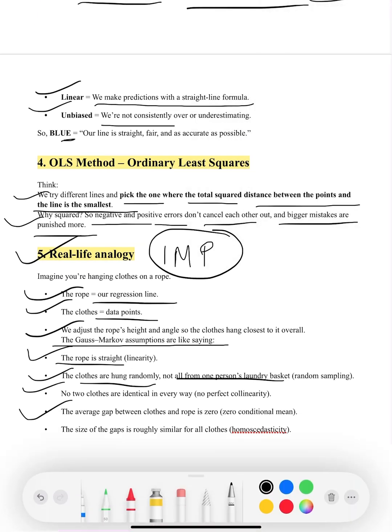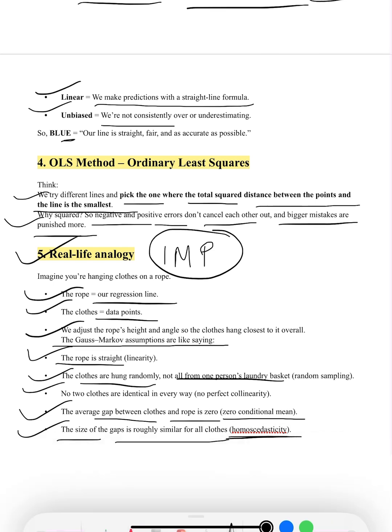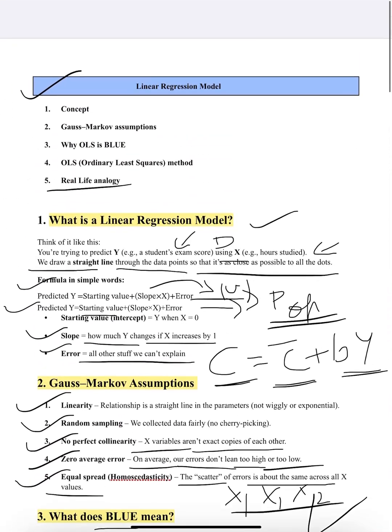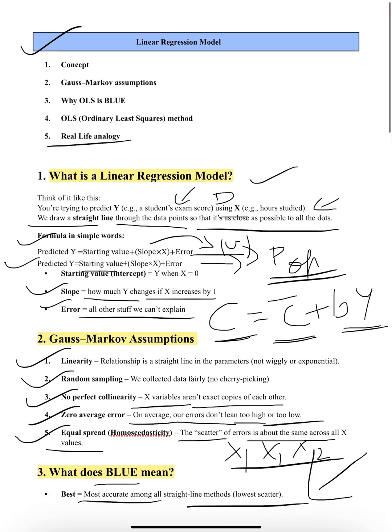And the average gap between clothes and the rope is zero, which is known as zero conditional mean. The size of the gap is roughly similar for all the clothes, which is known as homoscedasticity. So yeah, this is all about linear regression model in a layman language.